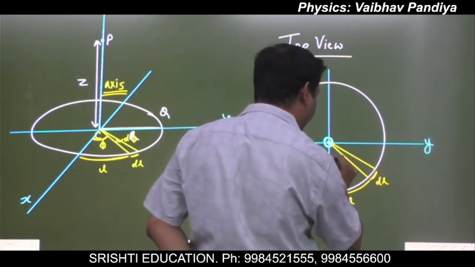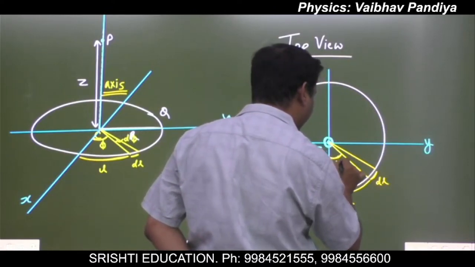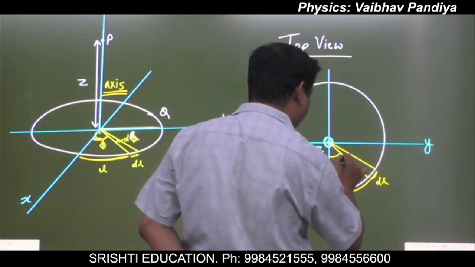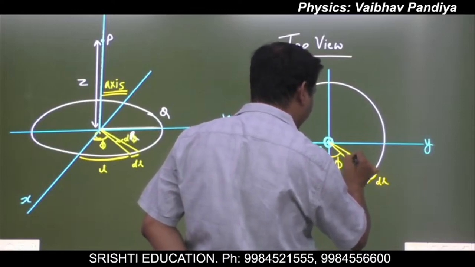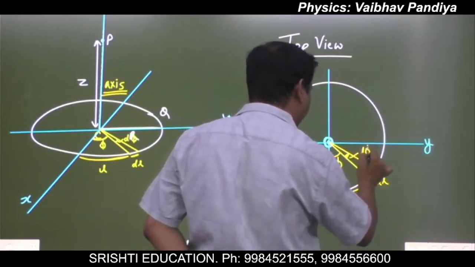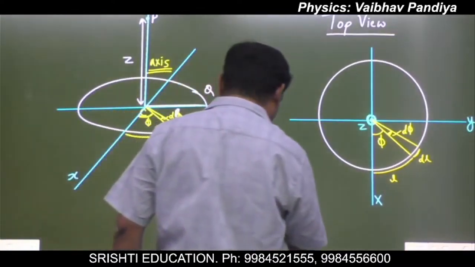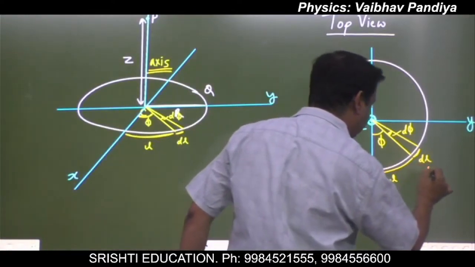The angular coordinate, which is called the azimuthal angle or the azimuth, is phi. And the angular width is d phi. Say the charge on this element is dq.